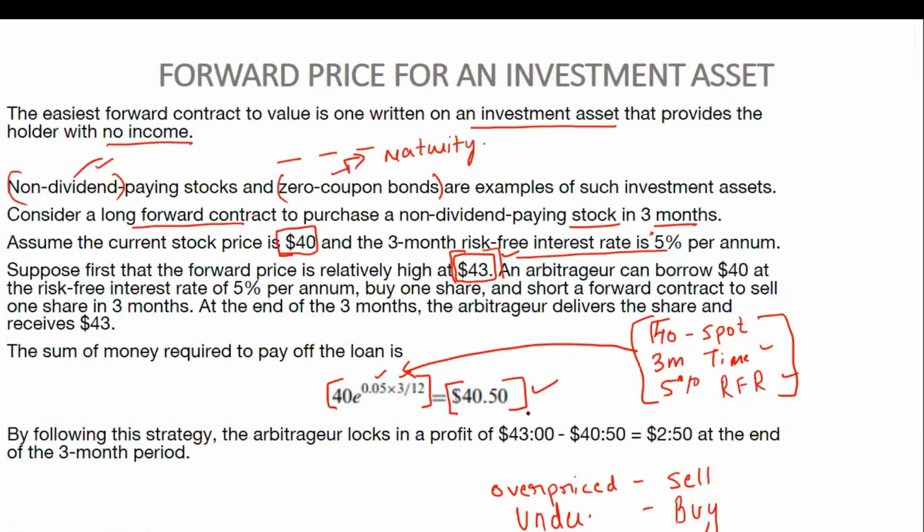Logically, it should be 40.5, but it is at 43. It is overpriced, so we sell it. Once we sell it, after 3 months, we are going to receive $43. From this $43, if we take out the money which we have to pay to the bank because we borrowed for 3 months, we will end up making $2.5 as our 3-month profit.